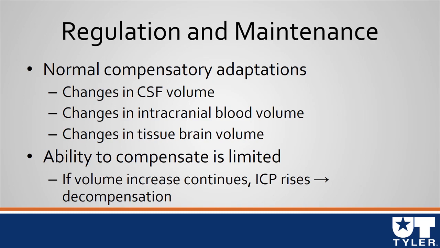Second, changes in intracranial blood volume can occur through collapse of cerebral veins and dural sinuses, also regional cerebral vasoconstriction or dilation, and changes in venous outflow. Third, tissue-brain volume compensates through distension of the dura or compression of brain tissue.